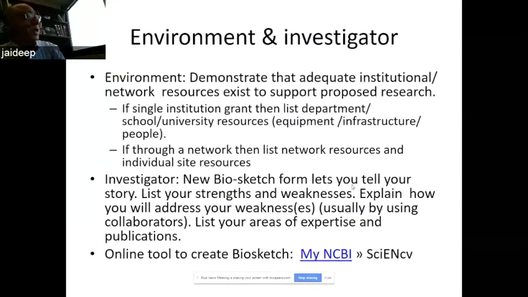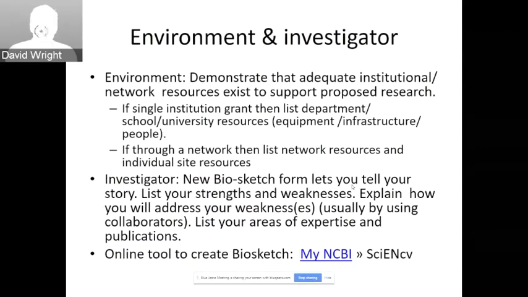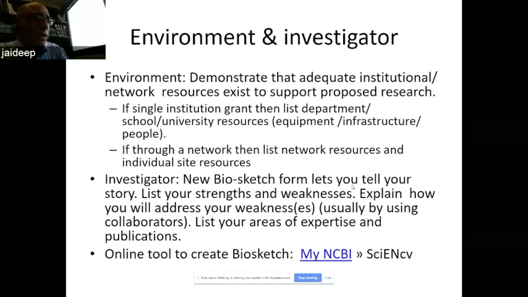The environment is your opportunity to demonstrate that adequate institutional and network resource support exists to do the research. Again, what kind of clinical resources exist at your institution? Do you have a CTSA? Do you have a NeuroNext trial? Do you have the stroke net, as David talked about?